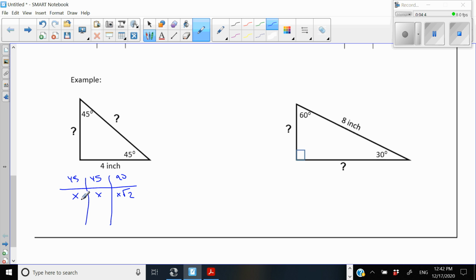That means whatever are these two sides, these are equal to each other, and the hypotenuse is always the measure of this side times radical 2. Okay, so what is this 4 inch? It's opposite the 45 angle, so I can write that here in the bottom of one of these two.